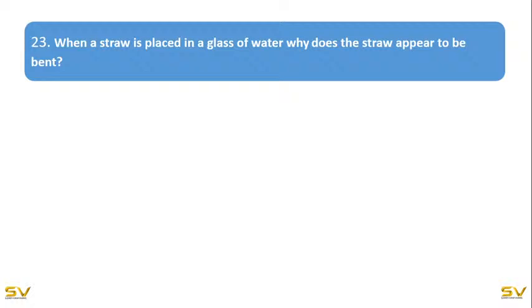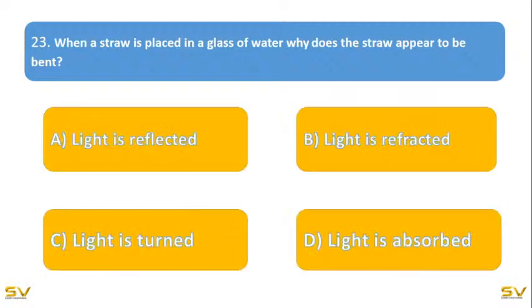When a straw is placed in a glass of water, why does the straw appear to be bent? When you look from the outside, you can see the bend in the straw. Why?